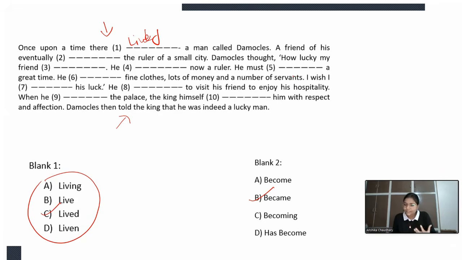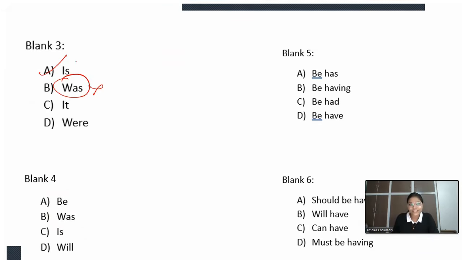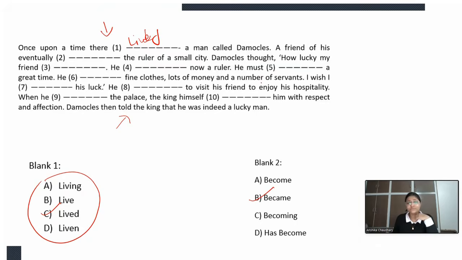We have to live in the present at that moment when we are talking about some standardization, some natural aspects. So that's why is will be the correct answer. I hope it would be helpful for you.